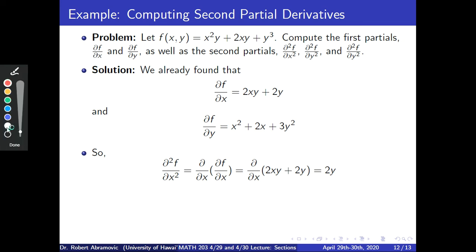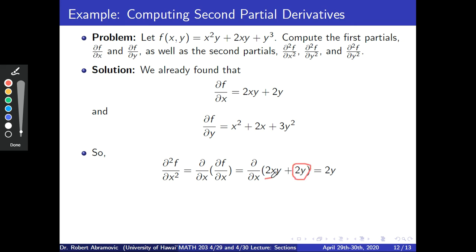So, d squared f dx squared is d dx, the partial with respect to x of df dx, which is the partial with respect to x of 2xy plus 2y. Now, when we differentiate 2xy plus 2y with respect to x, we are treating y as a constant. That means the derivative of 2y is going to be 0.